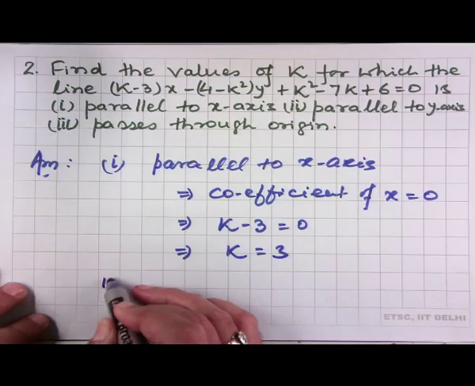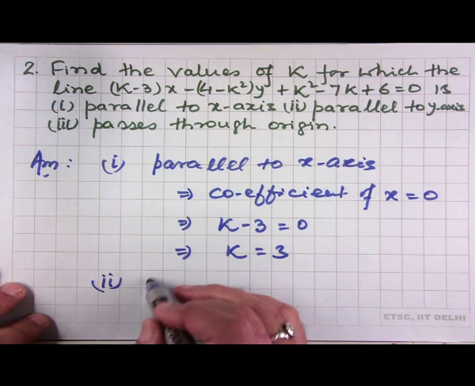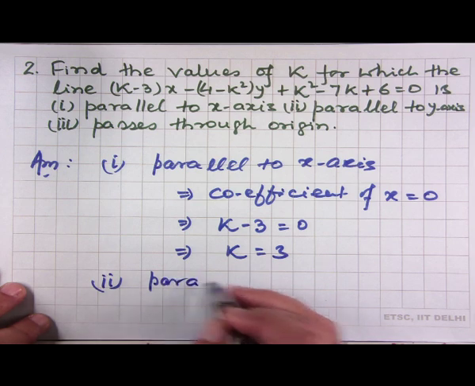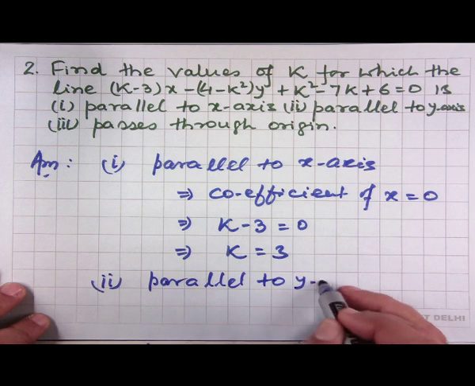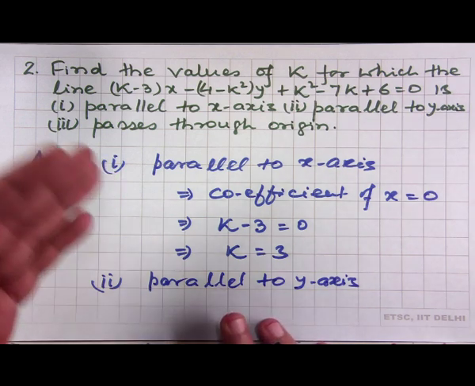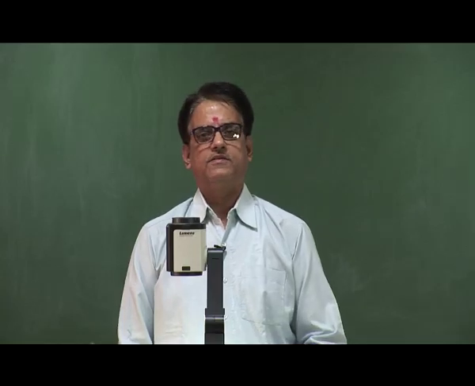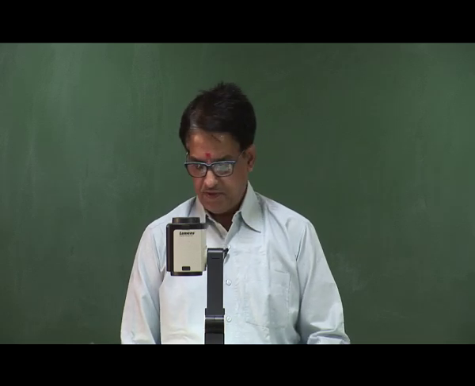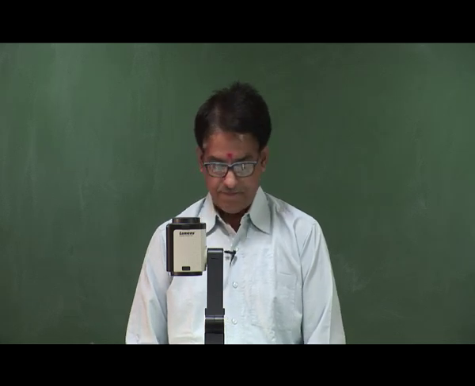Now second, parallel to the y-axis. What does it mean? Parallel to the y-axis means the slope of that line is equal to infinity, or you can say not defined. It means the coefficient of y must be equal to 0.